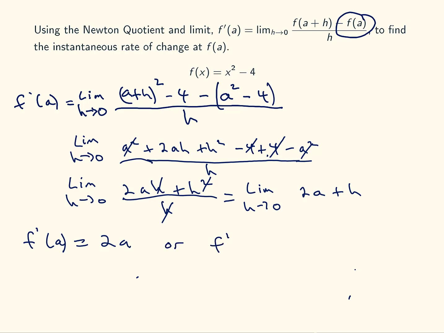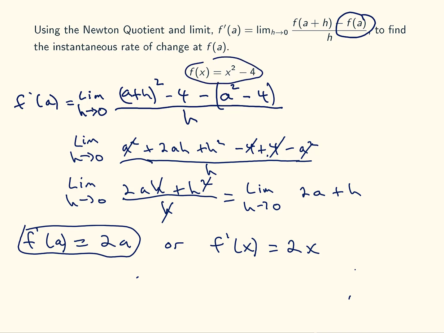Or I could rewrite this as f prime of x is just going to be equal to 2x, if I replace my a with an x placeholder. So there's our answer. The instantaneous rate of change of this expression evaluated at some point a is going to be equal to 2 times a, or f prime of x is going to be equal to 2x.